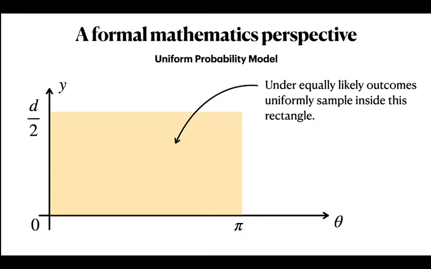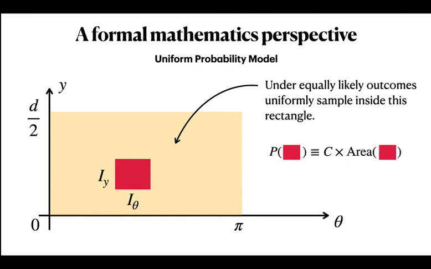Now, mathematically, the way to write this down is as follows. If you take a subset of this beige rectangle, so again the red rectangle here, then the probability for the configuration to belong to that red rectangle is equal to a constant c times the area of that rectangle.